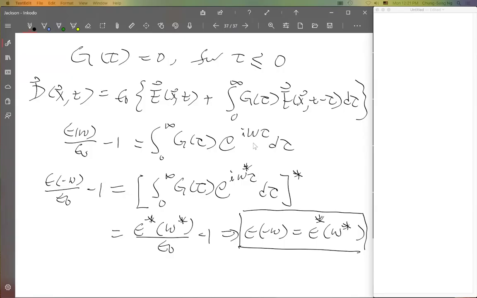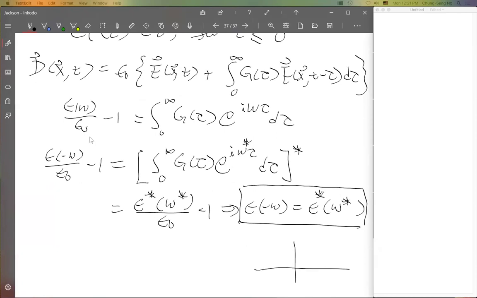Okay, so this is epsilon, right? If you evaluate epsilon on the complex plane and do this integration, like what we had before, if you draw a complex plane of omega, with omega I and omega R, then for omega within the upper plane where omega I is positive, this exponential function has i times i, which is negative, and you integrate over positive tau, so that one is finite.